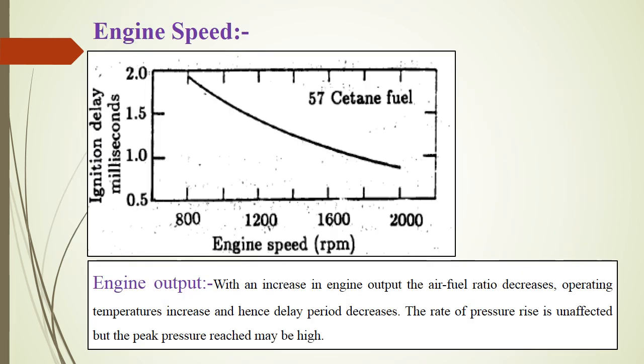Then the next parameter we will discuss is the engine speed. Here ignition delay is in milliseconds and engine speed in RPM. The delay period can be expressed in absolute time or in crank degrees.